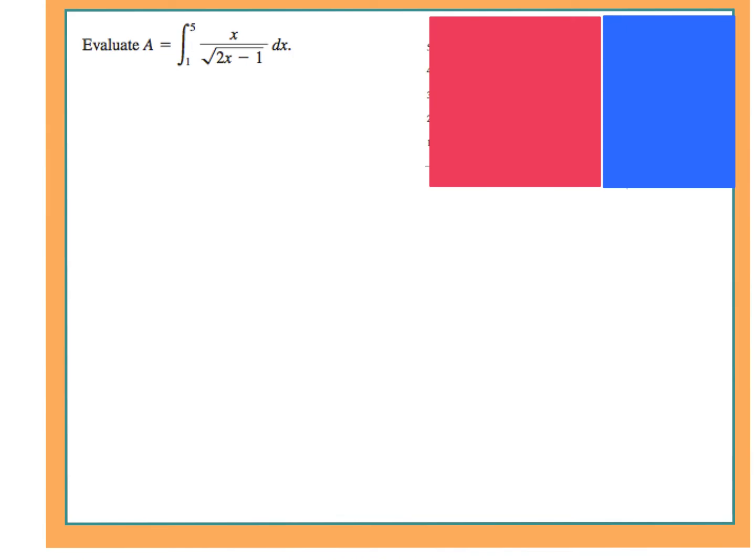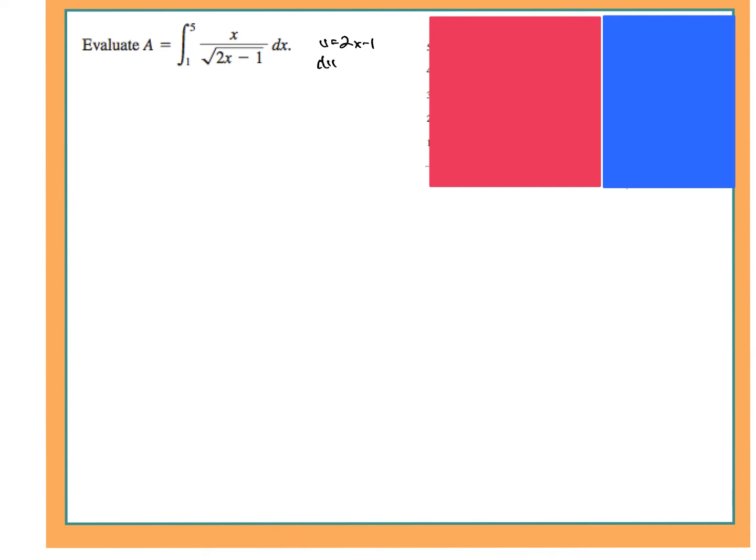Pretty good? All right, so now I have the integral from 1 to 5 of x dx over the square root of 2x minus 1. Now, this is very similar to Katie's problem. Because what's going to be my u? My u is 2x minus 1.